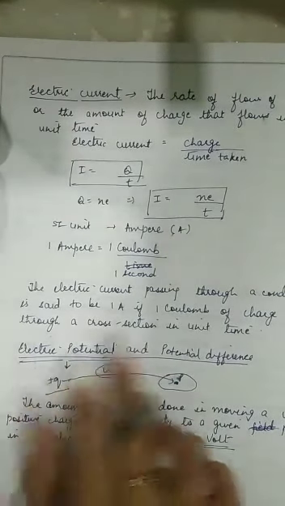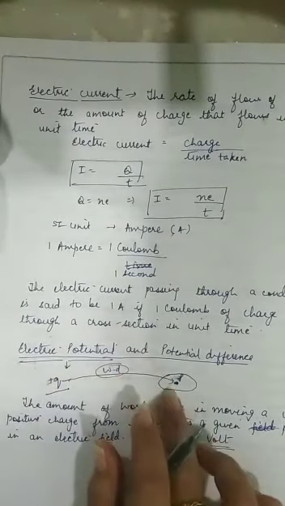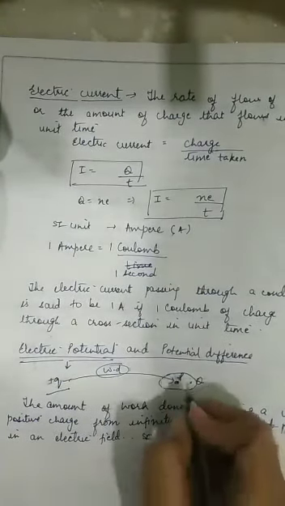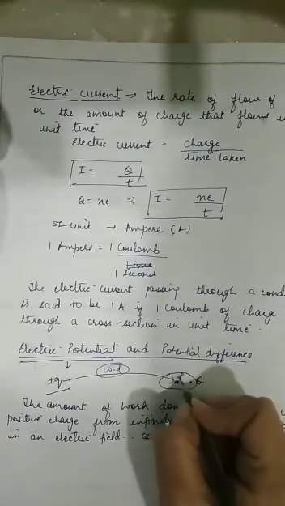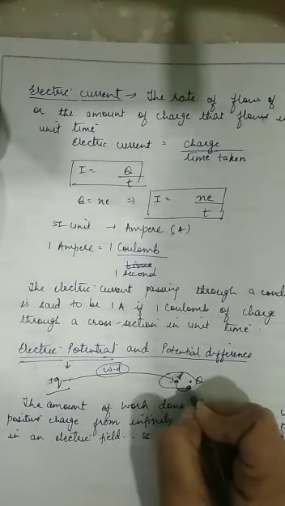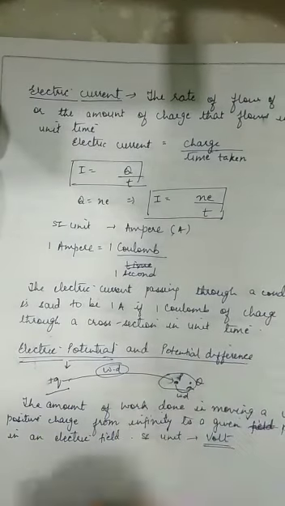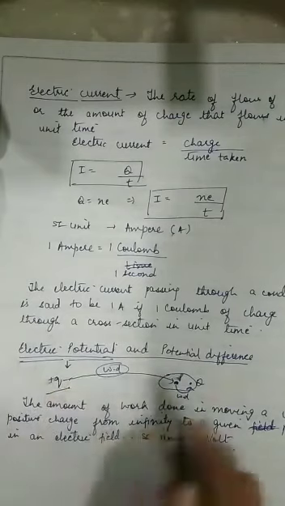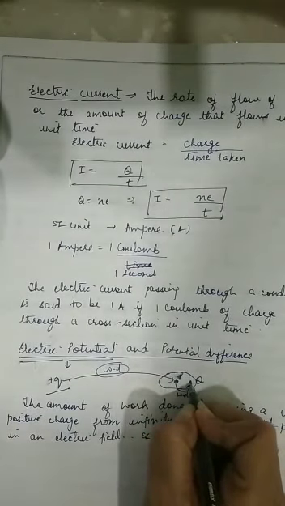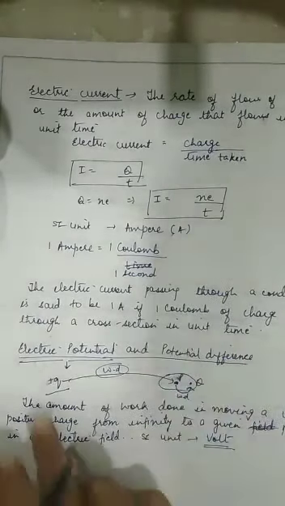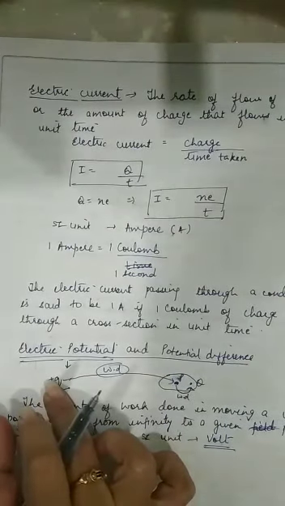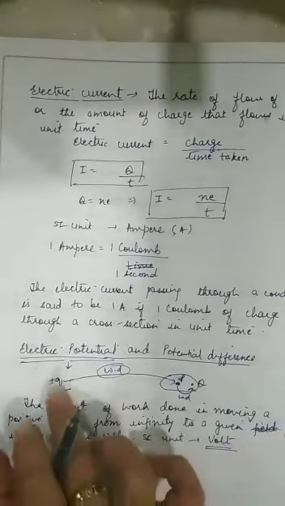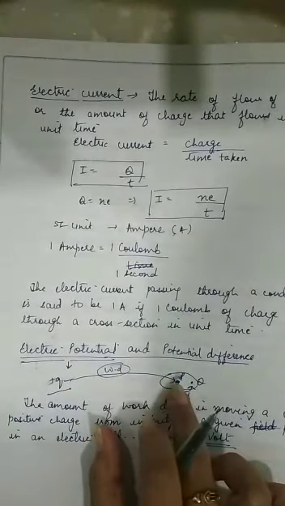Now this positive charge has reached point P. We have done some work on this charge and it reached point P. Now consider there is one more point Q. Now we have to move that charge from P to Q. So again we have to do some work. First, we brought the charge from infinity to a particular point.